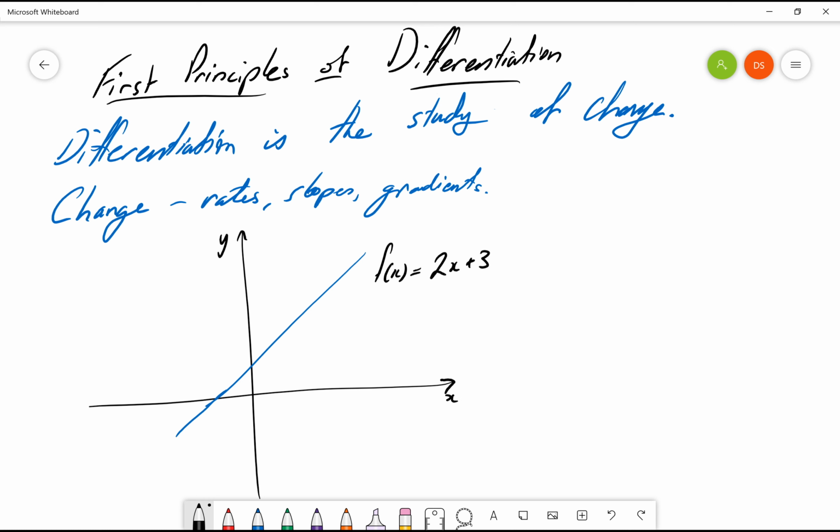Now, if I had 1, 2, 3, 4, what would you say the vertical change is between x equals 1 and x equals 2?